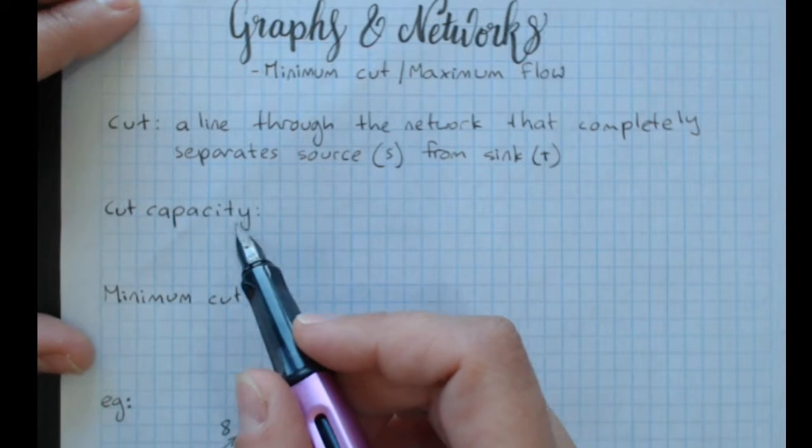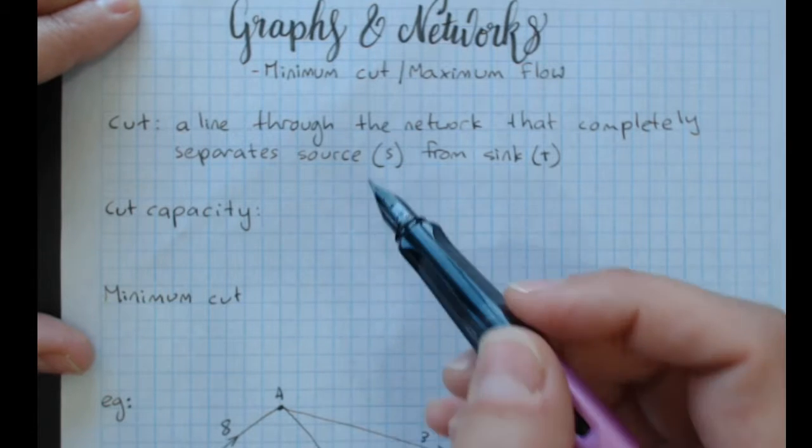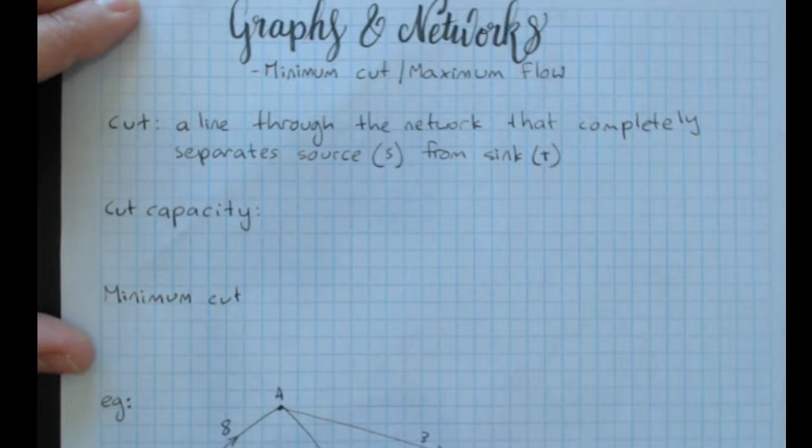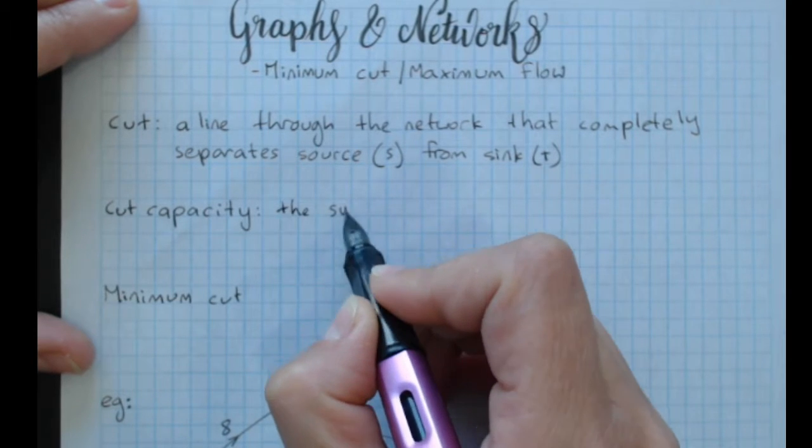Now, cut capacity is the sum of the capacities of the edges or arcs that are cut. There's a little bit more to it than that.